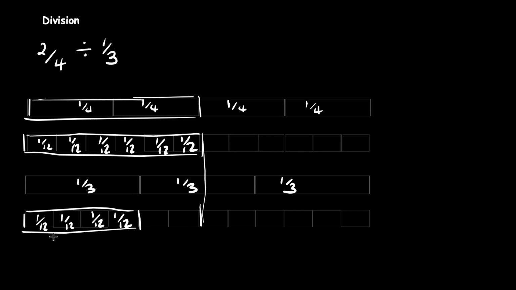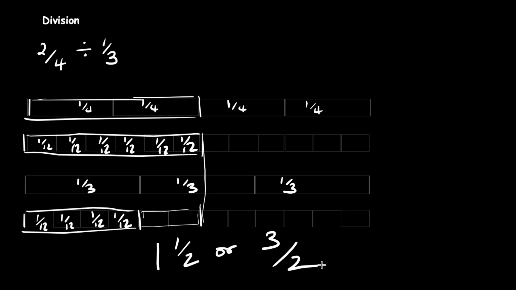So essentially, if 4 give you a whole here, then in terms of thirds, we're getting how many? We're getting 1.5 or 3 over 2. So this is how many thirds we're getting out of quarters. If the 2/4 represents 6/12 and my 1/3 represents 4/12, how much of this can I get out of this? Well, I can get exactly one of it with 2 left over, a half, 1.5 or 3 over 2.